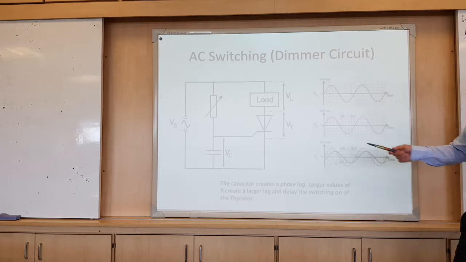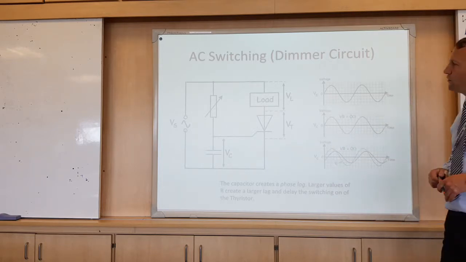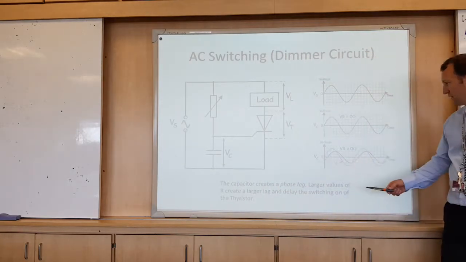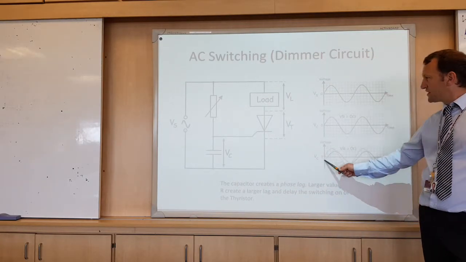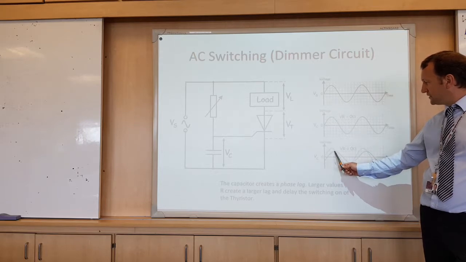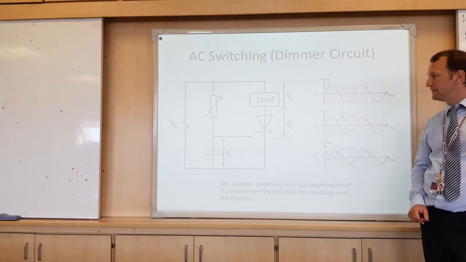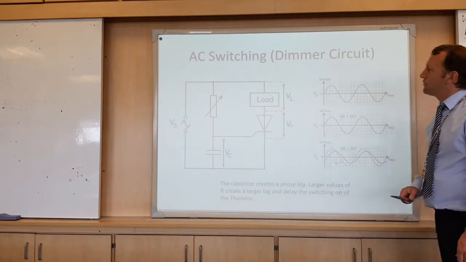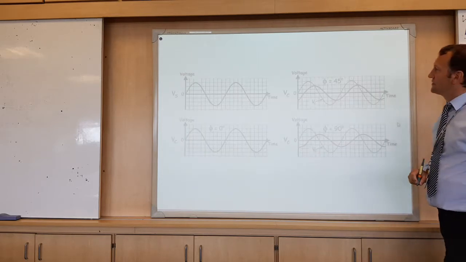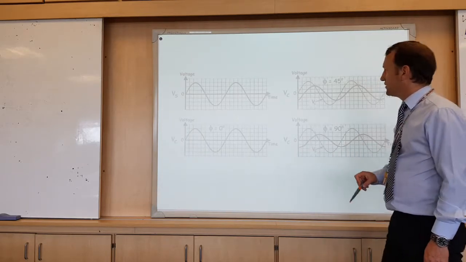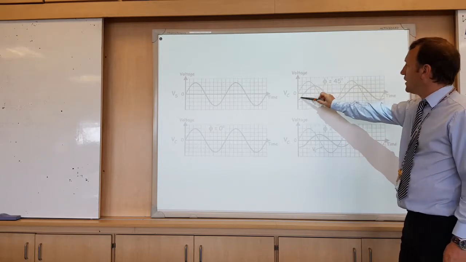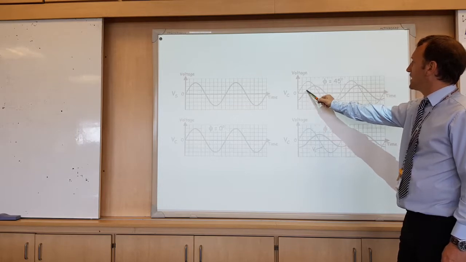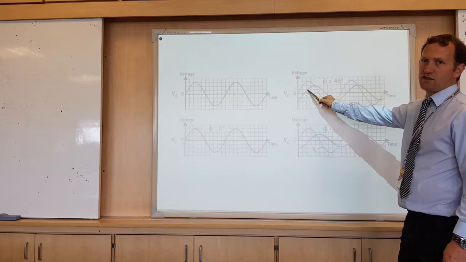So we've got the power supply voltage. If we put an AC voltage across a capacitor, it causes something called a phase lag, where here's the original signal, so the signal across the capacitor will be later than that and somewhat lower. If we feed that voltage into the gate, at the positive side of the cycle here, the thyristor will only switch on when the gate voltage gets above the threshold voltage.